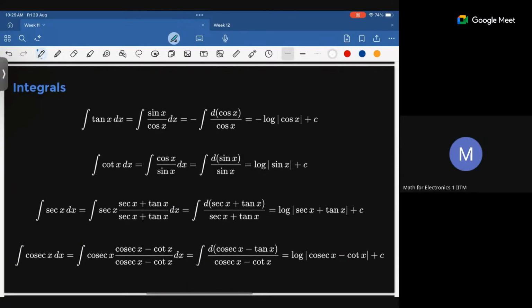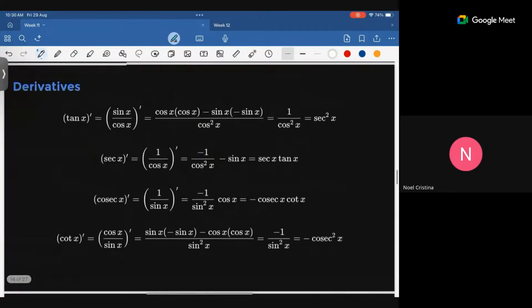Professor, I just noticed that the assignments of week 11 are particularly challenging. So when we solve these derivatives and the integrals of hyperbolics and trigonometry, in the exam, will it be that difficult?